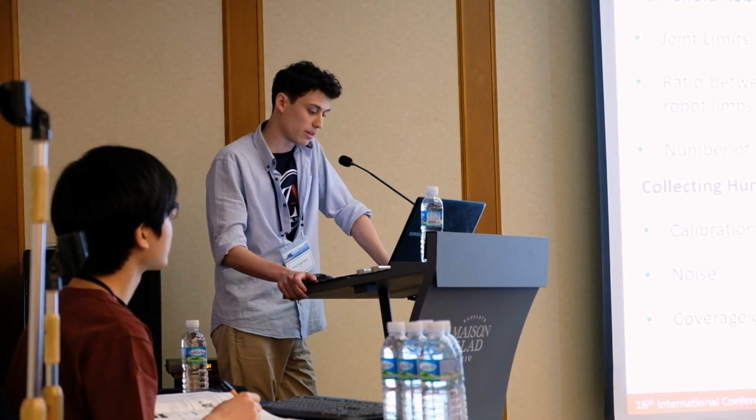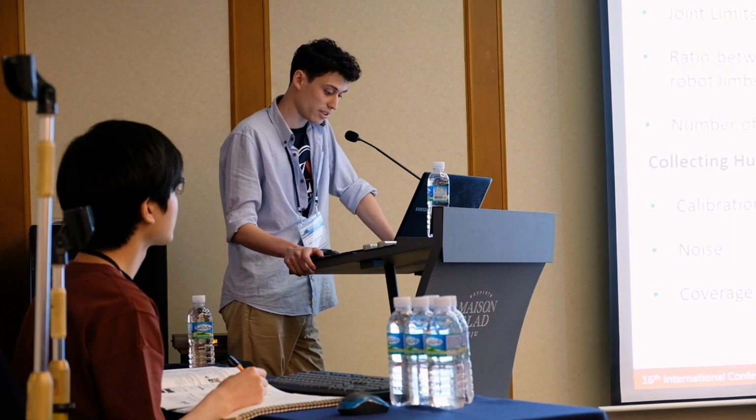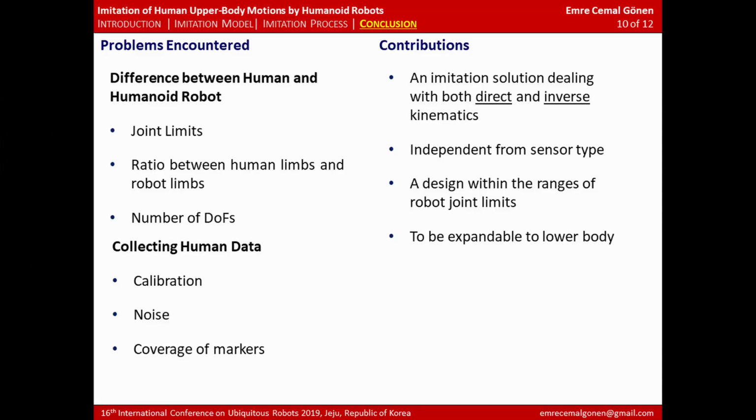And I want to talk about the problems I encountered. The main problem is the difference between human and humanoid robot. For example, joint limits in humans are wider than robots'. Also, the workspace of a human is completely different from a humanoid robot because the ratio between human limbs is different from the robot's.